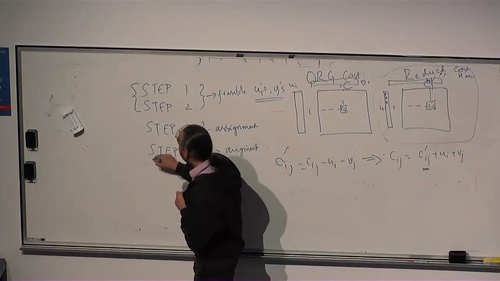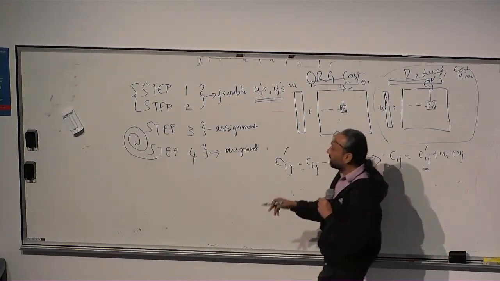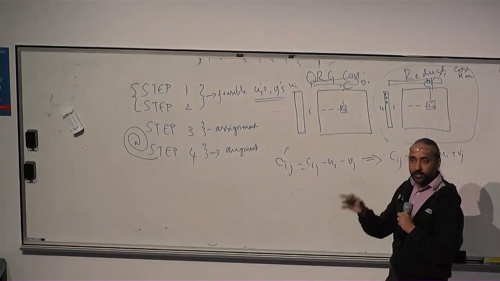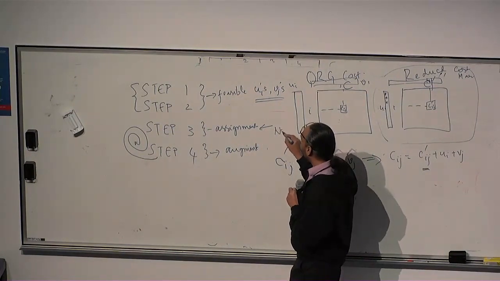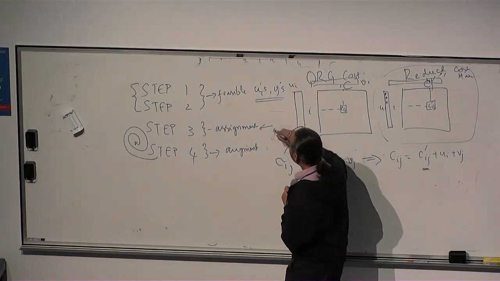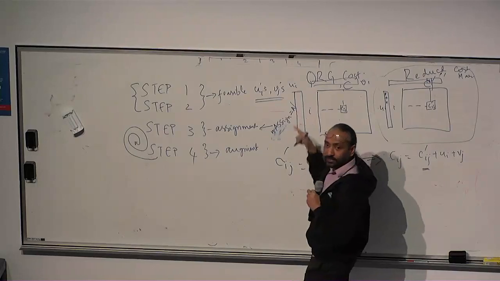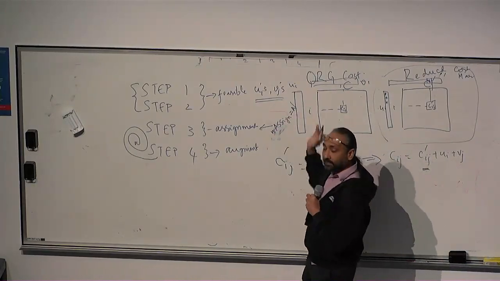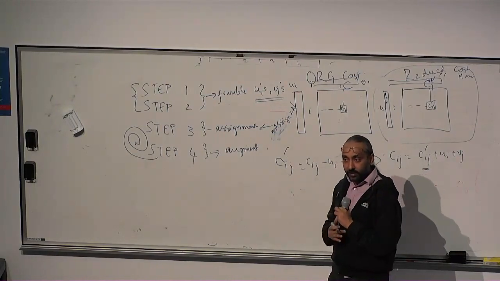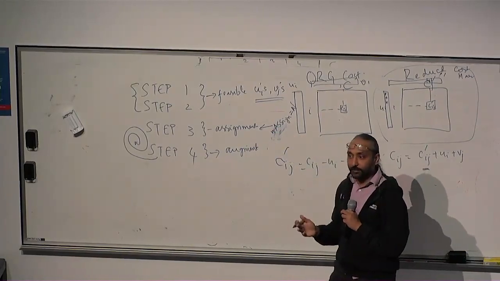And then you loop back to step 3, and steps 3 and 4 loop continuously until I get n assignments, equal to the capital N, which is how many rows and columns I have. So if I end up assigning all the vertices, I stop. The stopping criterion is when the number of assignments is n.